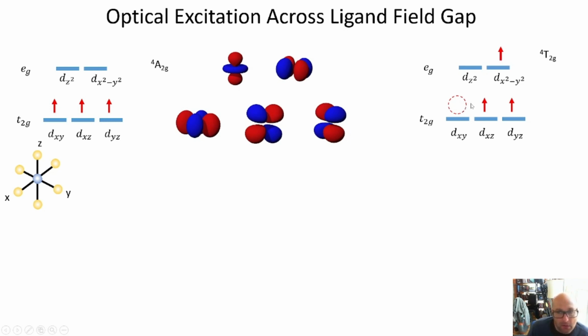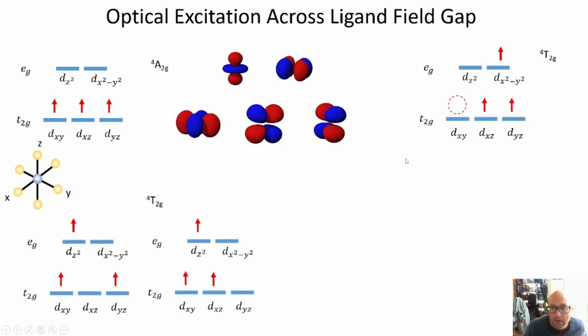If by contrast you decided to put it in the other one, you would be putting more electron density along the z-axis, which would increase the electron-electron repulsions with these two remaining ones. So moving it from here to here is not the same as moving it from here to here.